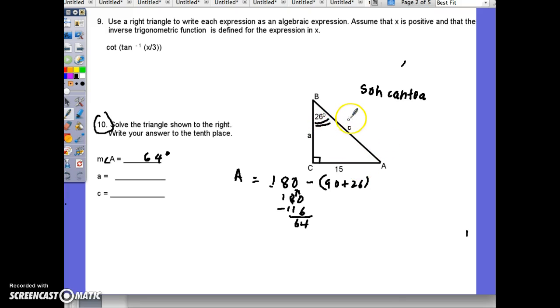So what would really work? Sine is opposite over hypotenuse. The sine of 26 would be 15 over C. Yeah, we could use that to find C if we like.